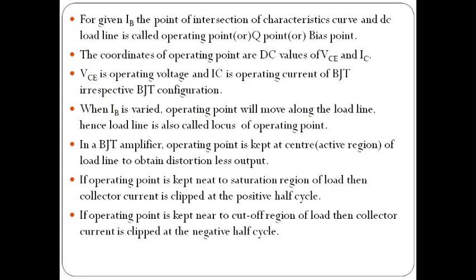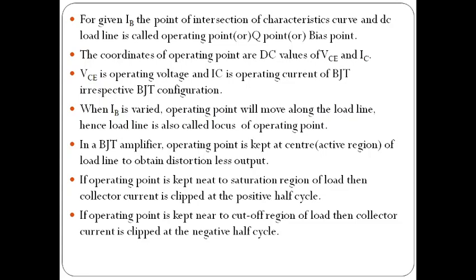The coordinates of that operating point are always DC values, that is x-axis voltage and y-axis current. It's nothing but the VCE comma IC value. VCE is the operating voltage and IC is the operating current of the BJT irrespective of BJT configuration.